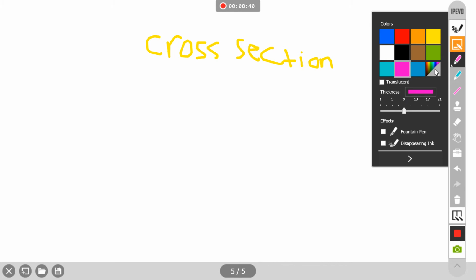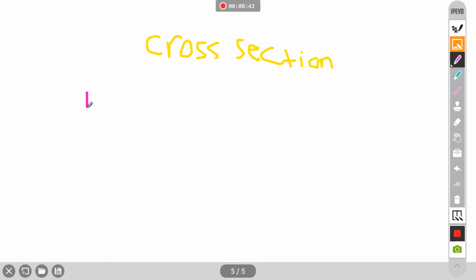Or actually, we'll do a prism. So let's say that we have a prism. So with our prism, if it is parallel, you're going to get the base shape. Parallel is going to be the base.